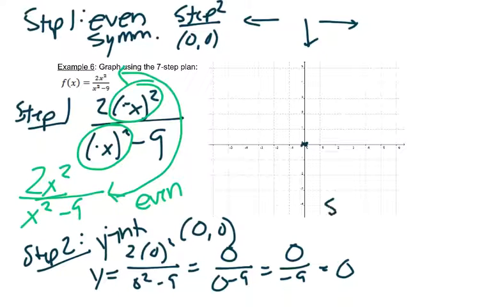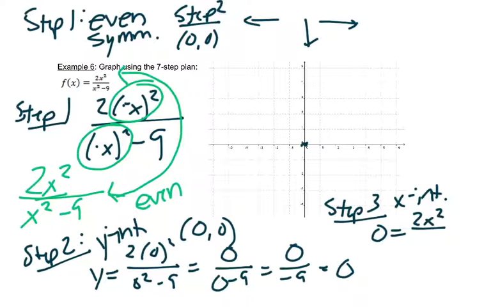Step 3 says that we're going to find our x-intercept. So that means we need to make y be 0. So we have 0 equals 2x squared over x squared minus 9. I'm going to multiply both sides by x squared minus 9 to get rid of the denominator. 0 times x squared minus 9 is just 0, so I get 0 equals 2x squared.